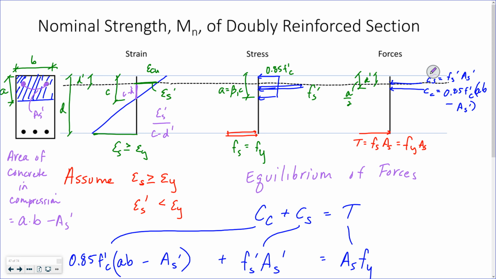Horizontal over vertical is equal to epsilon cu, that's my horizontal, over my vertical distance, c. This horizontal value, epsilon s prime, over the vertical value, c minus d prime, is equal to a larger triangle with the horizontal value epsilon cu and the vertical value c.